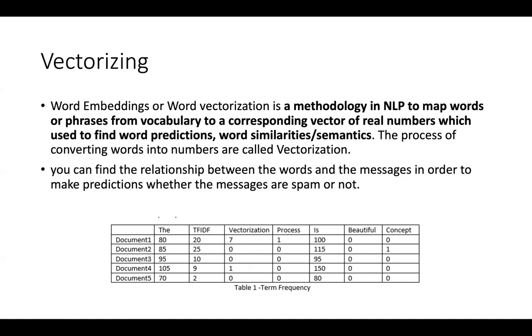It's basically converting the text to a numeric representation of that text, where you're essentially counting the occurrence of each word in each text message using a matrix with one row per text message and one column per word. So now that you have this numeric matrix, you can find the relationship between the words and the messages in order to make predictions whether the messages are spam or not.